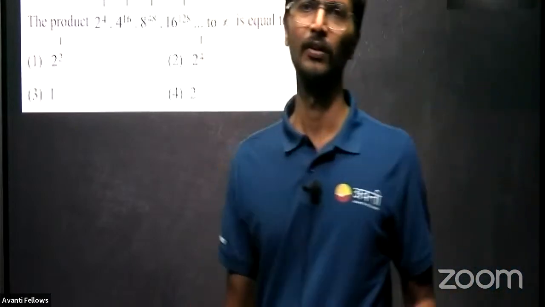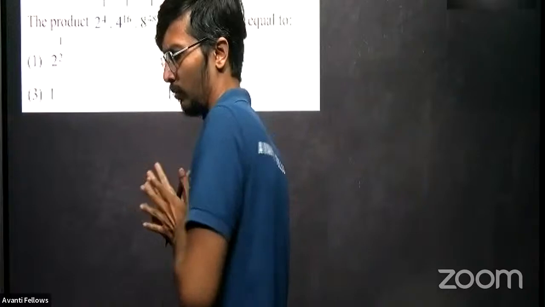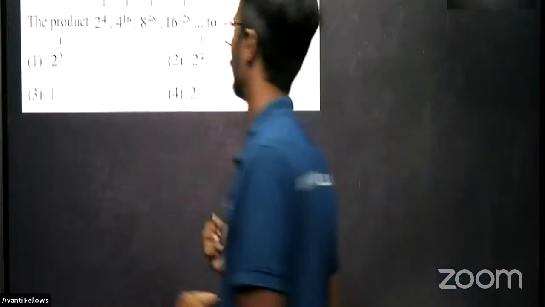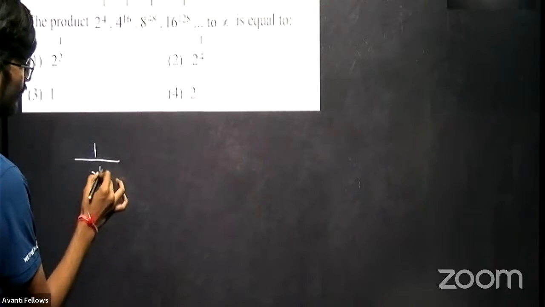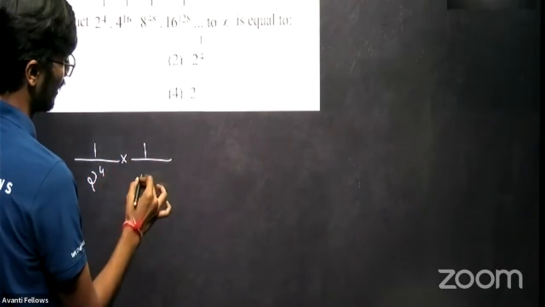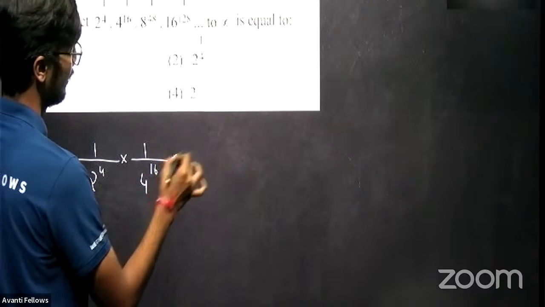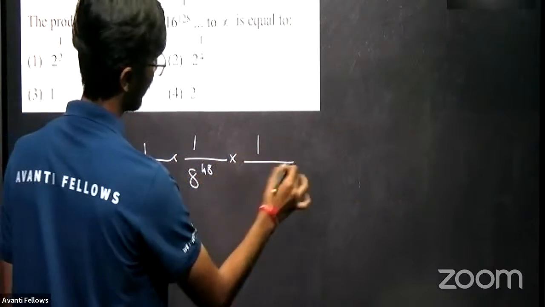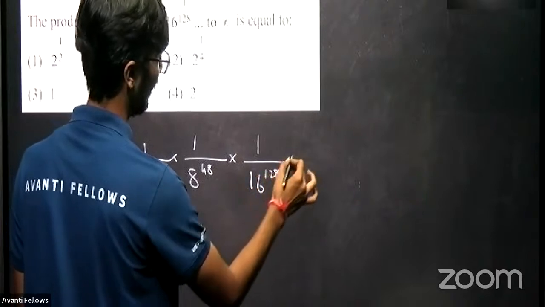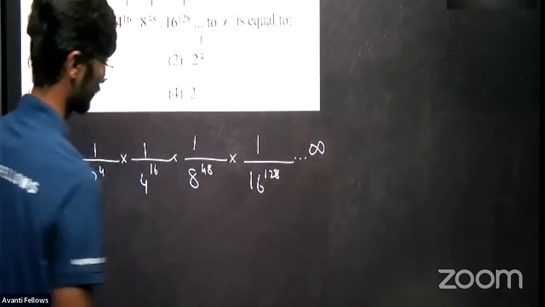Very easy question, obviously asked. What they have asked is, we have to find this 1 upon, let me write 2 raised to 4 into 1 upon 4 raised to 16 into 1 upon 8 raised to 48 into 1 upon 16 raised to 128, infinite terms.